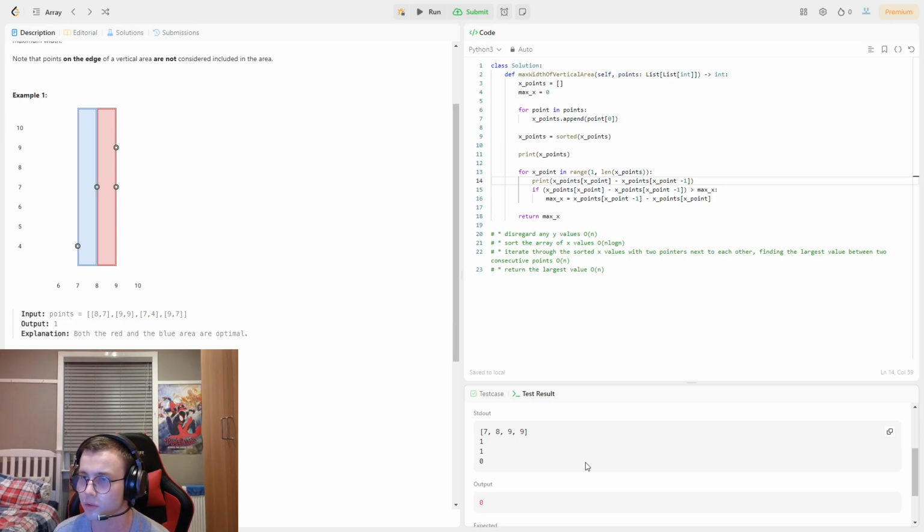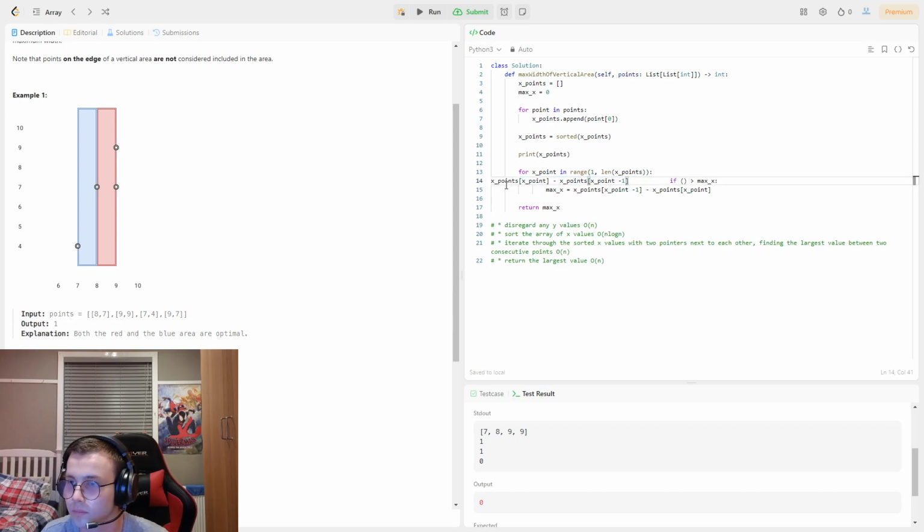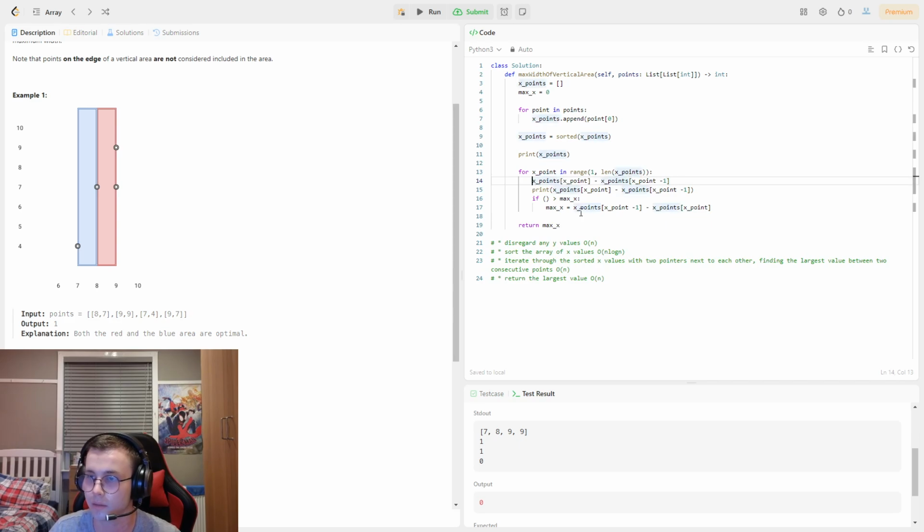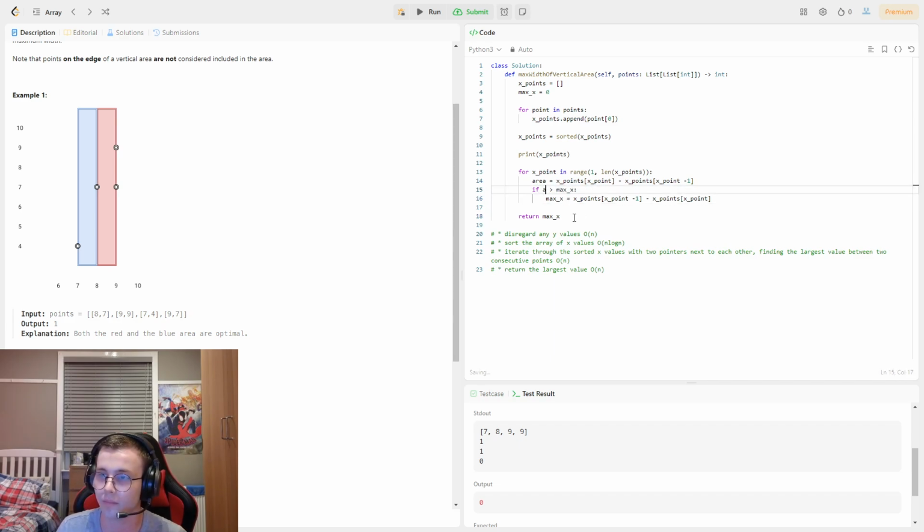Okay, so that is right. So if this is greater than 0, then okay. So it's equal to this, and update this as well. I'm gonna actually make this a variable. So it'll be something like area is equal to this, and then we'll do if area is greater than max, we'll do max_area.